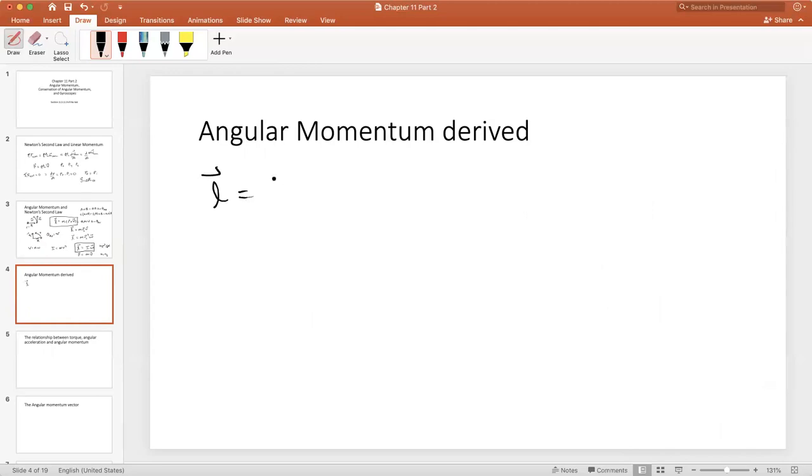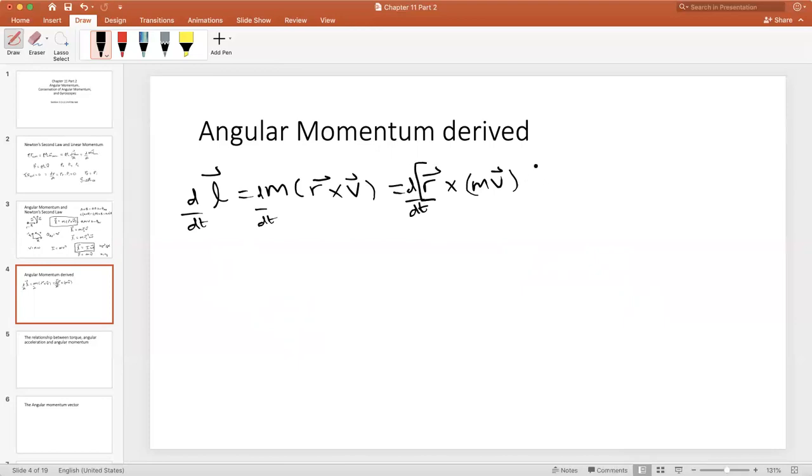So, recall that I just said that this was m of r cross v, and if I move the mass inside, I get that this is r cross mv. If I take the time rate of change of this, okay, so I want to take the time rate of change of the angular momentum.